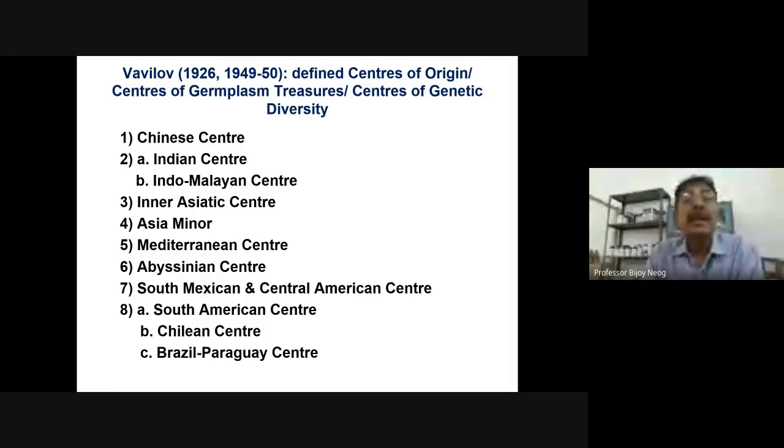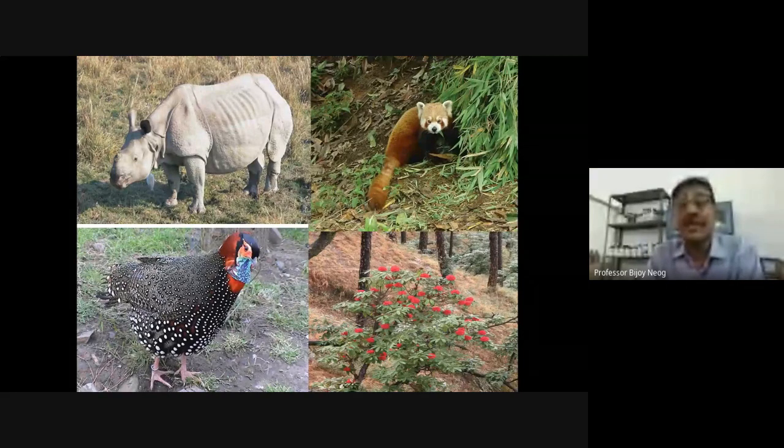As you know, we have classified and defined the centers of origin, and luckily we have the Indian center and the Himalayan centers, which harbor a lot of species, and some of them are very specific, specialist species, endemic species, which cannot be found in other places. As you have seen in the photographs, this area has so many diverse forms of life.